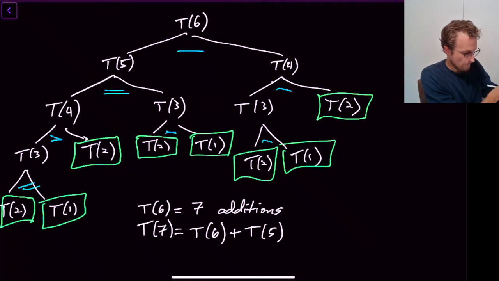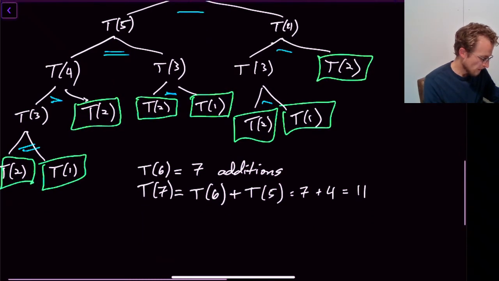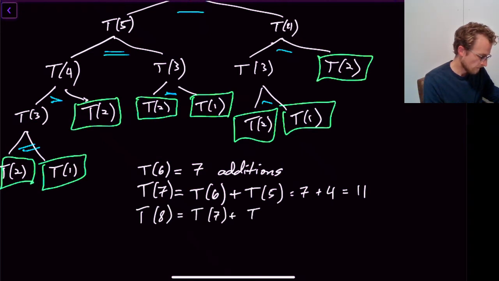So if I asked for T of 7, I would actually get 7 plus 4, which is 11. Now, what would happen if I asked for T of 8? Well, that's equal to T of 7 plus T of 6. So now that's going to be 11 plus 7, which is 18.